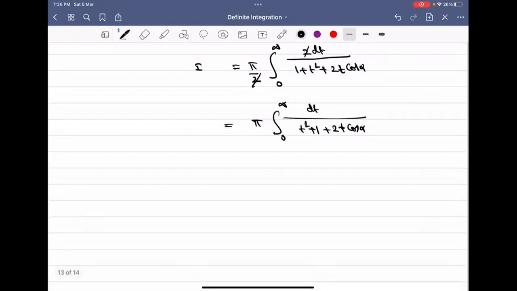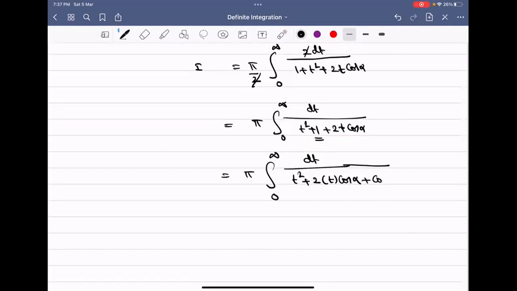So next what we do is, here we have t square plus 2t cos alpha, so you can write this 1 as sine square alpha plus cos square alpha. So I is equal to pi into integration from 0 to infinity dt, and you rearrange the terms: t square plus 2 into t into cos alpha plus this 1 written as cos square alpha plus sin square alpha.